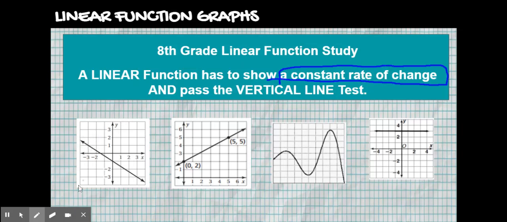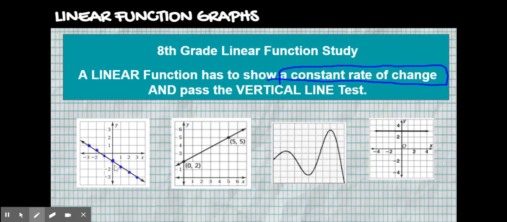So here, our first one is considered a constant rate of change. The reason why is as x is increasing by 1, my y value is decreasing steadily. It's decreasing at the same rate. And when we fall at the same rate, we produce lines.